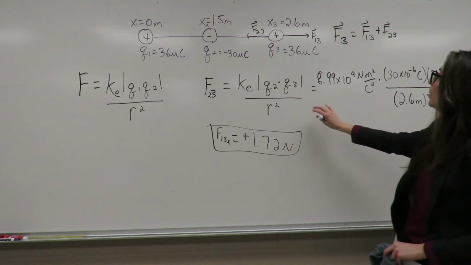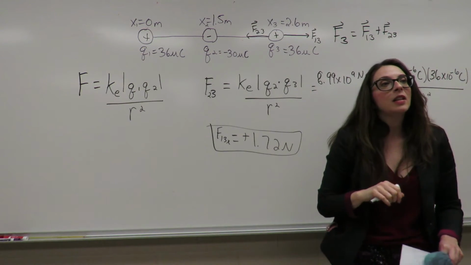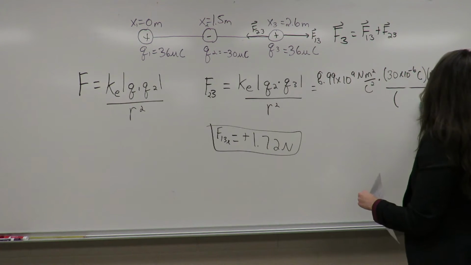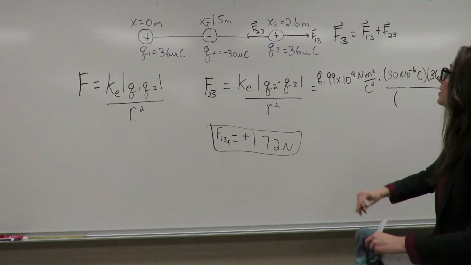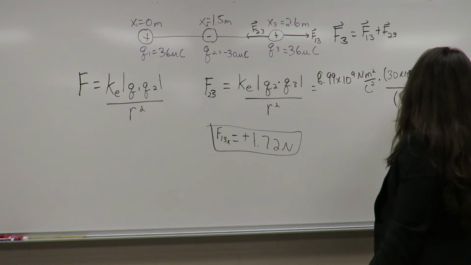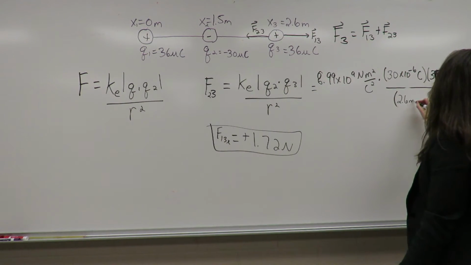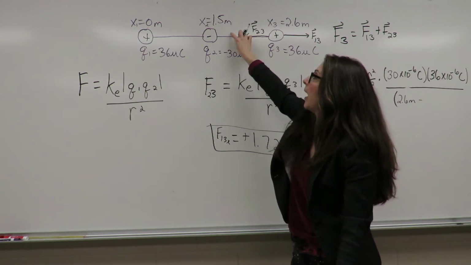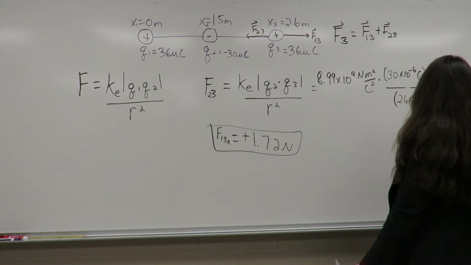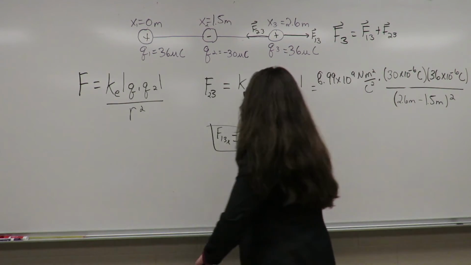We multiply that by Q3, 36 times 10 to the minus 6 coulombs, and divide by the distance between them squared. The distance between Q2 and Q3 is 2.6 meters minus 1.5 meters, and then we square that.